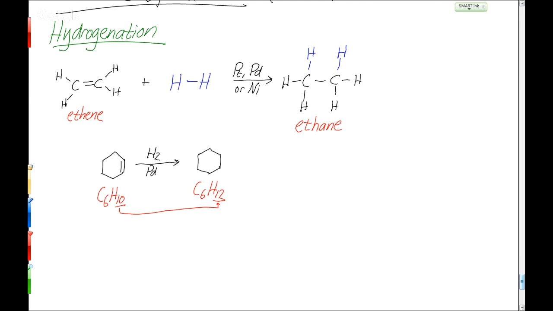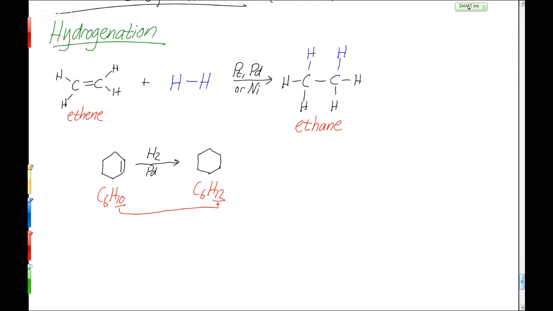So how exactly do those metals catalyze the reaction? It's a solid metal, it's a powder, but it doesn't dissolve. It stays in solution. And the hydrogen gas is charged into the reactor at a pretty high pressure. These metals have the ability to bind hydrogen. So the hydrogen binds to the metal surface.